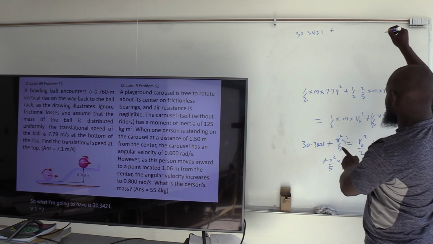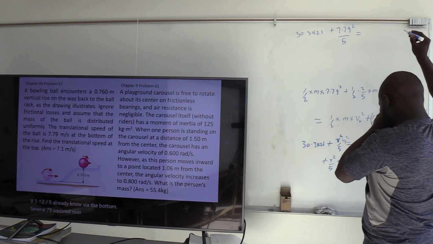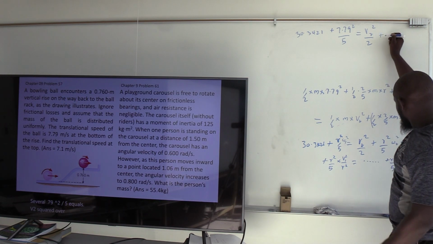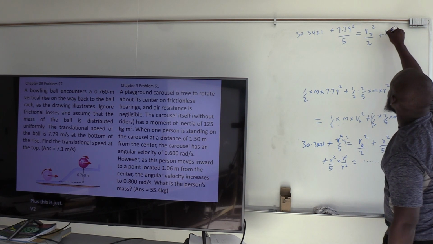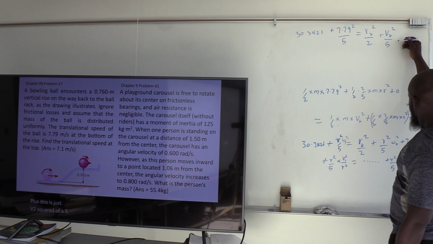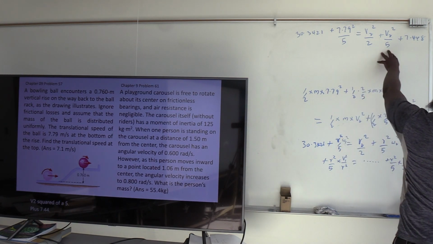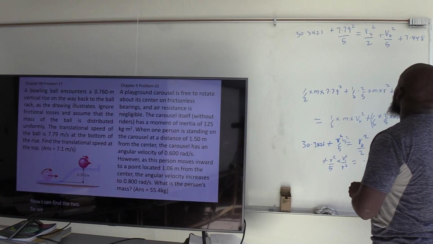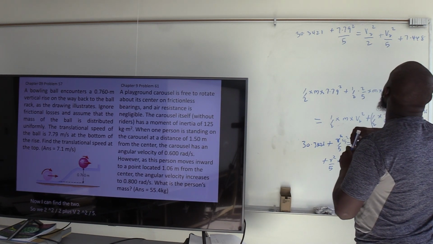I already know V at the bottom, 7.79 squared over 5, equals V2 squared over 2 plus V2 squared over 5, plus 7.448. Good. Now I can find V2. So V2 squared over 2 plus V2 squared over 5 will give us some value times V2 squared.